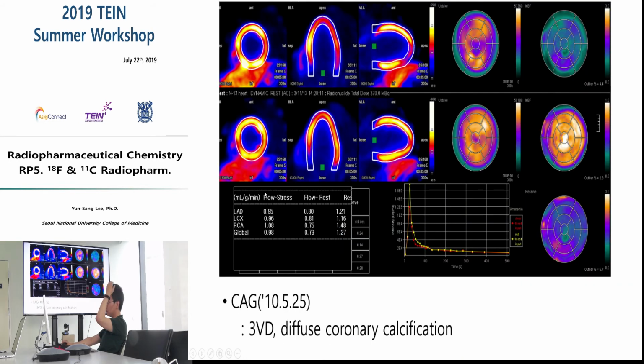However, if we do a quantification, as you can see globally, the rest flow and flow reserve have been reduced significantly. And finally, from the CAG, this patient was concluded as multi-vessel disease with diffuse coronary calcification. So such kind of disease can be more specifically identified using the ammonia PET.